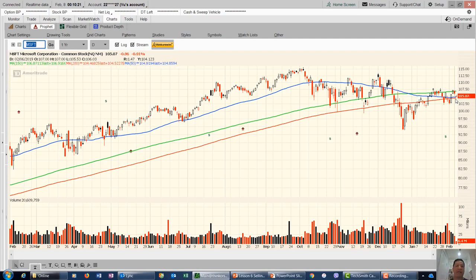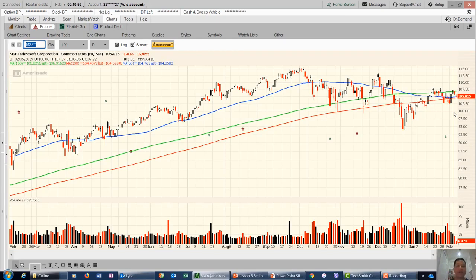For example, if the shares happen to drop to $100 per share, I don't mind taking it. Then I can choose to sell the 100 strike put and collect the premium as well. If the shares drop below 100 and stay there until expiration, I buy the stock at $100, and I don't mind doing it.